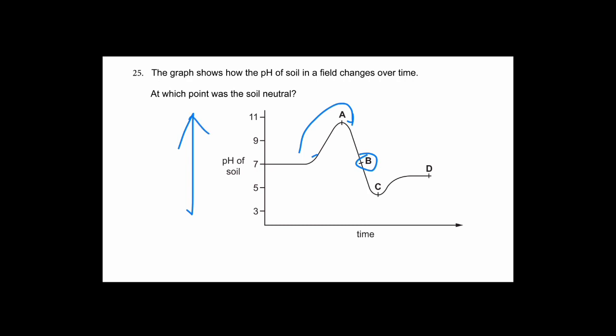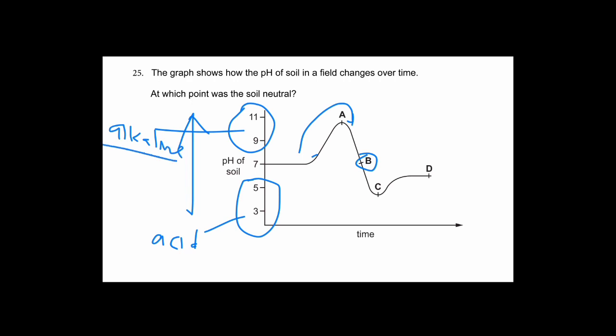So this side we have acid, and this side we have alkaline. You observe that the soil needs to be neutral, and B is at the same level as 7, which indicates the neutrality of the soil.